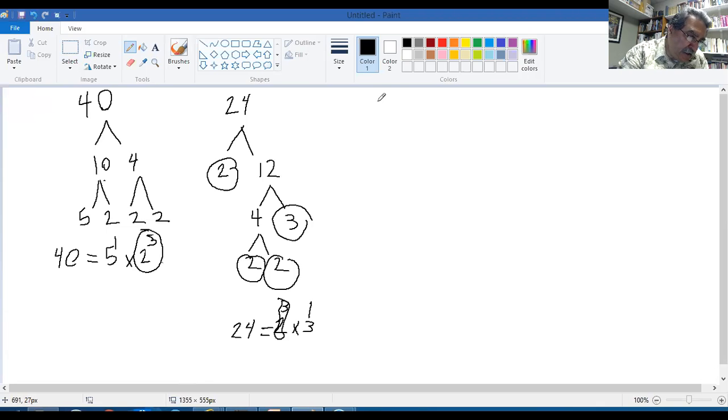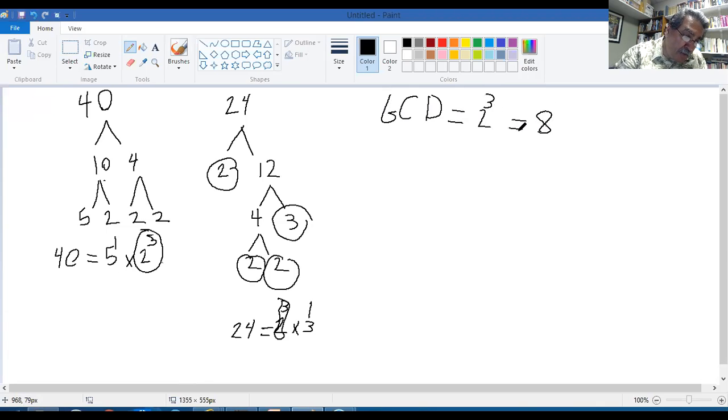So the GCD, the greatest common divisor, is 2 to the power of 3, because that's the least exponent that we have, or 8.